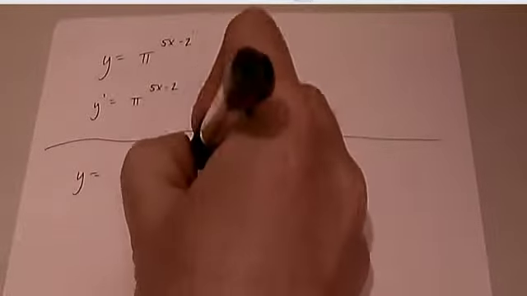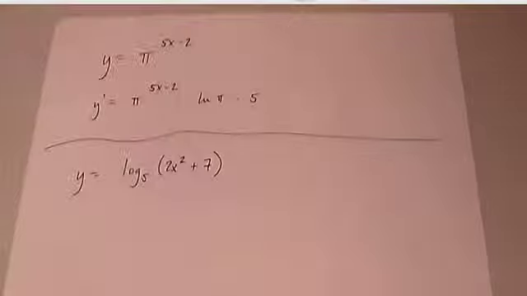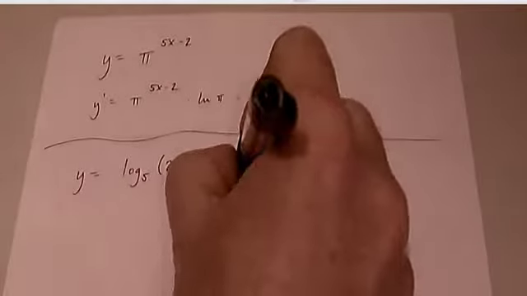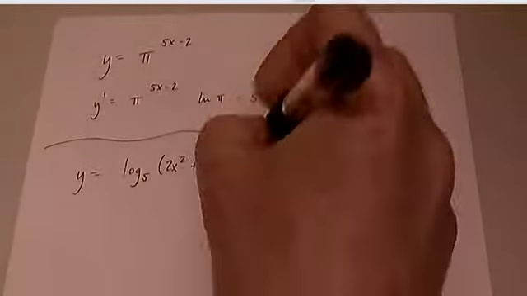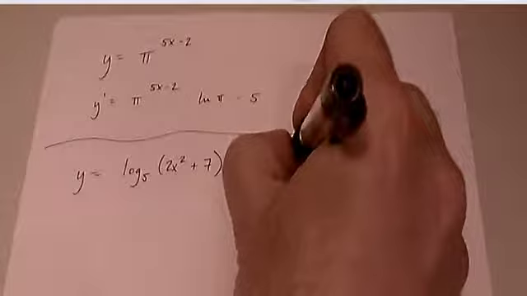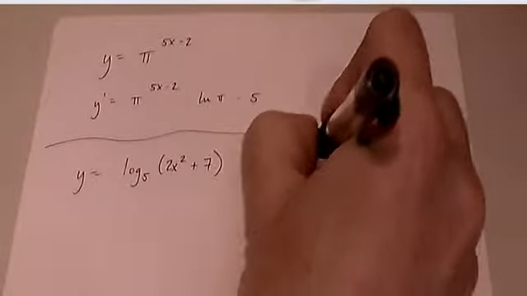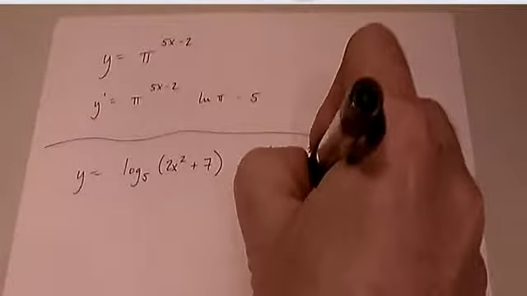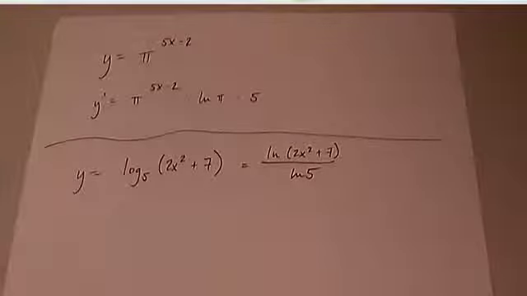Now, there's one thing that we haven't done, and we haven't done a whole lot of differentiation of logs when the log is of a different base. Now remember, the reason why the rule is what it is is the fact that you can always change the base of a logarithmic expression.